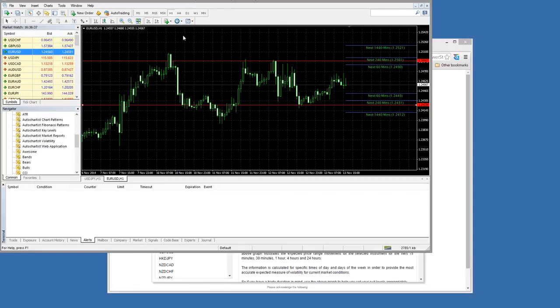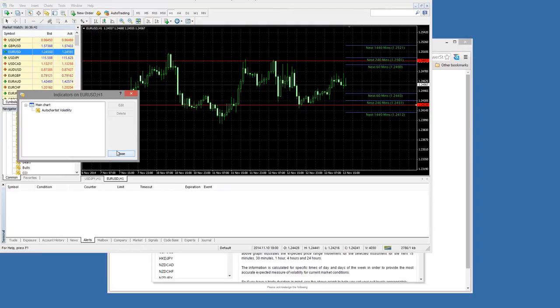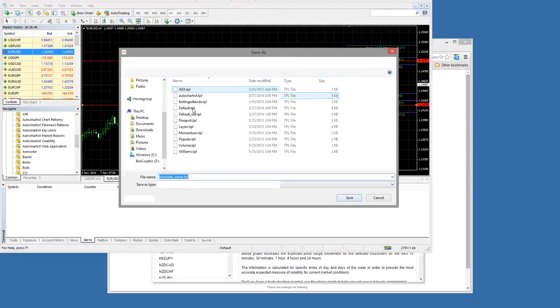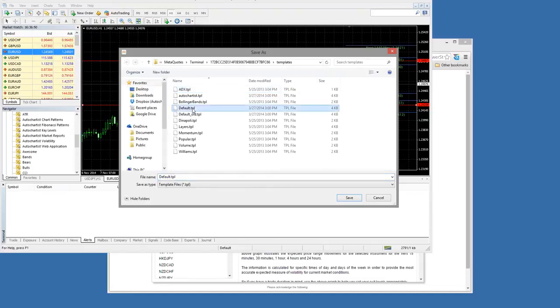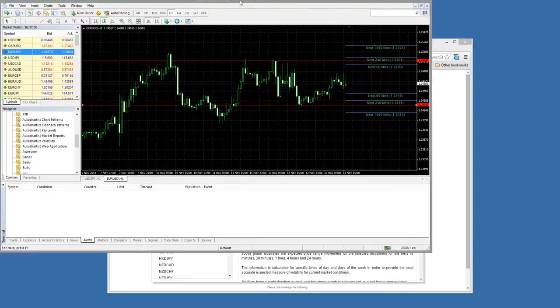Delete that, and then it will not load the Autochartist goodies anymore. Or if you want even better, you can delete the indicators you don't want, and then go save template and overwrite the default template. And then it won't show anymore. But certainly for questions like this, please drop us an email to support@autochartist.com, and we'll help you sort out those kind of questions.